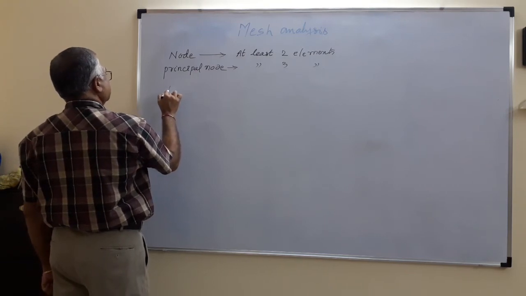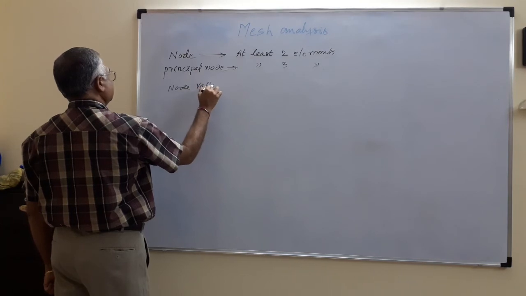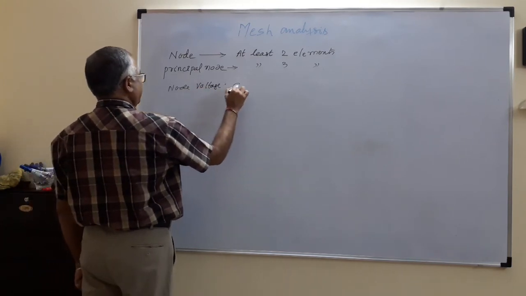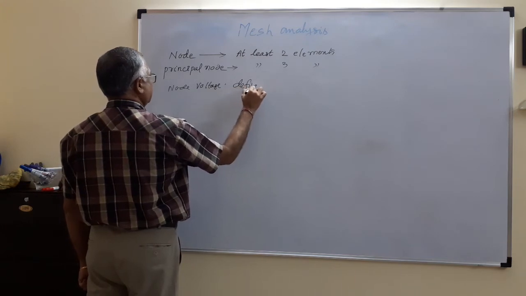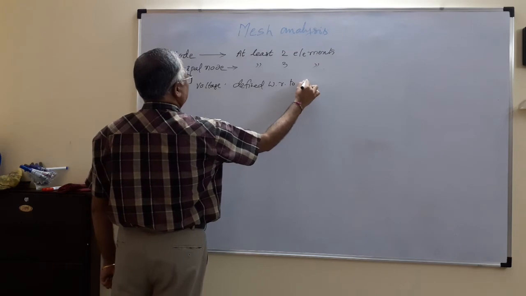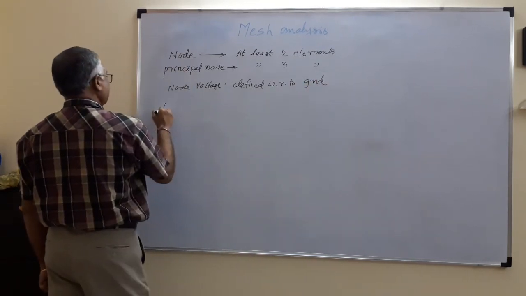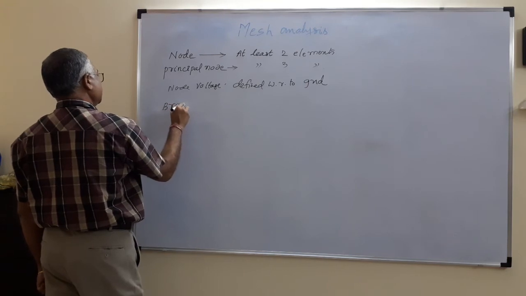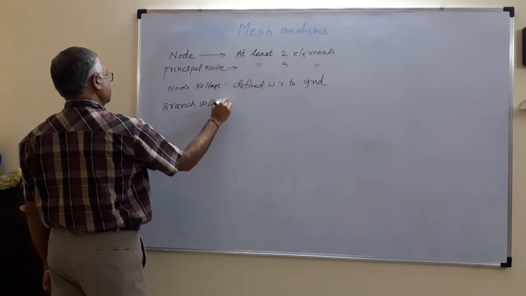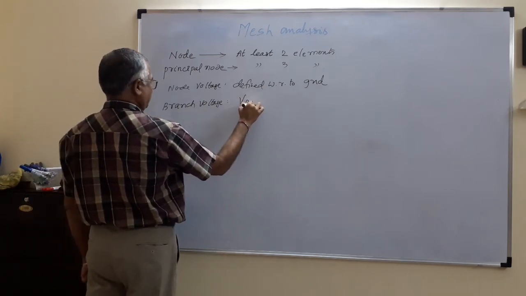Then we also understand node voltage. What is the meaning of node voltage? They are defined with respect to ground. Then branch voltage. What is branch voltage? For example, what is VAB?